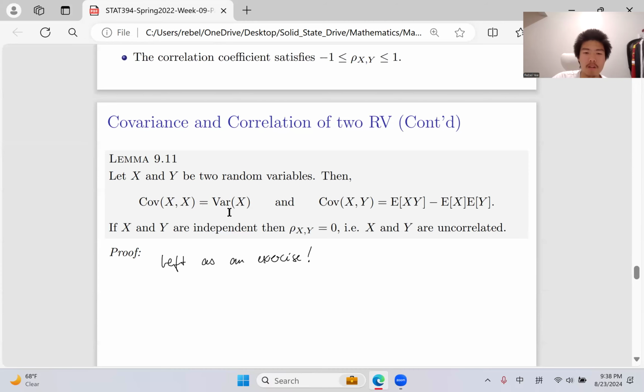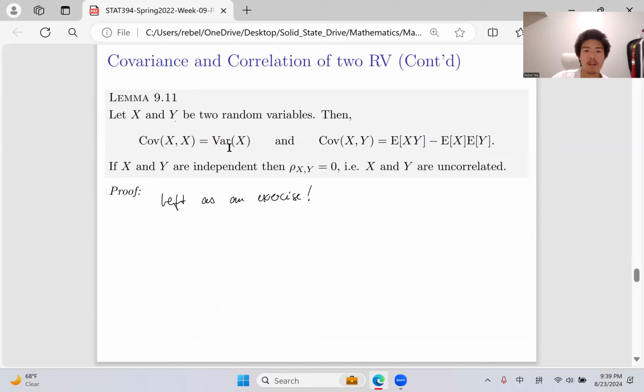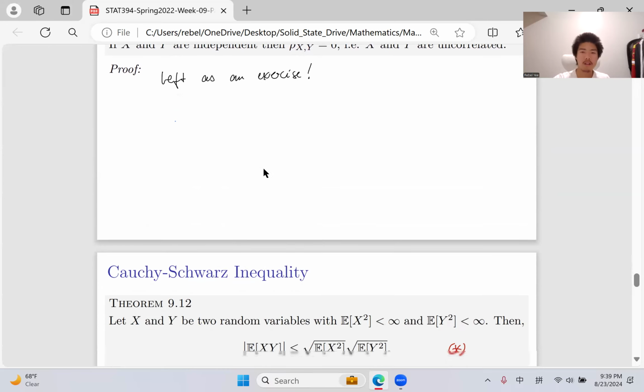So the correlation coefficient must be 1, right? And if it's 1, this value just becomes equal to its denominator, and the denominator now becomes the square root of the variance of x times the variance of x, which is the variance of x. So the covariance will also be the variance of x.